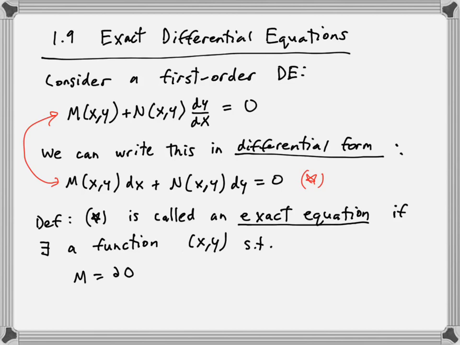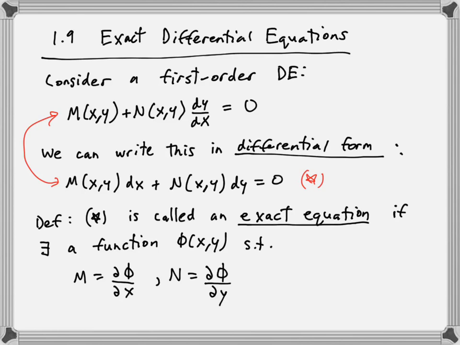So let me not make you learn a new symbol. I was using a lowercase phi a second ago. So there exists a function phi such that M is equal to the partial of phi with respect to x, and N is equal to the partial derivative of phi with respect to y. So this is what it means for a differential equation to be called an exact equation.